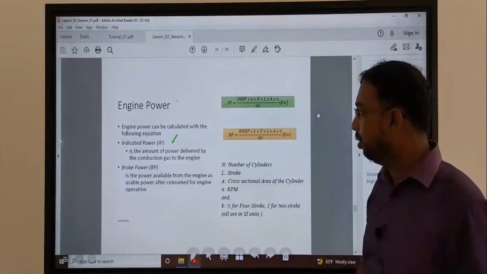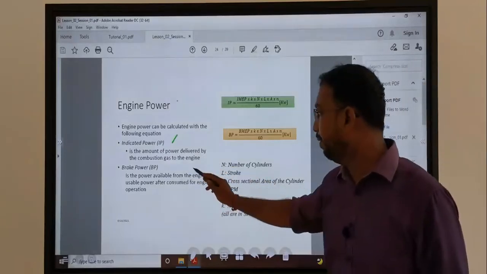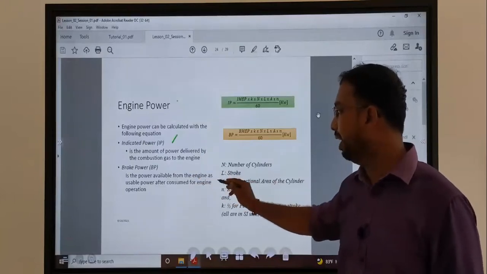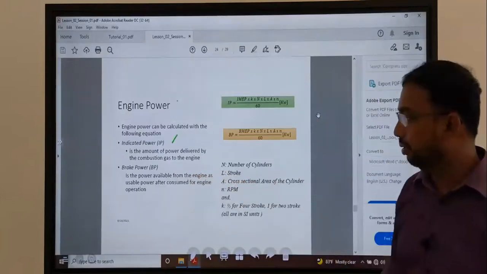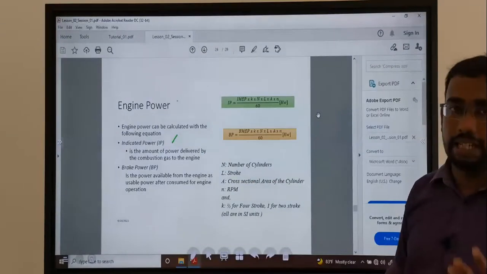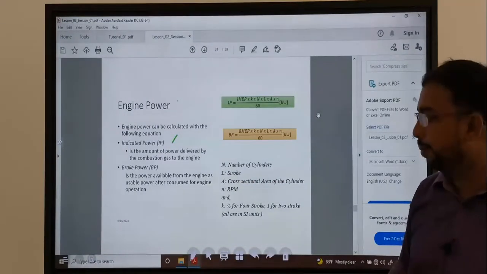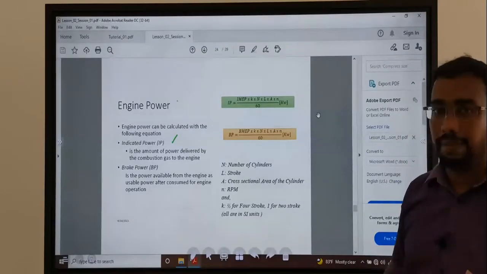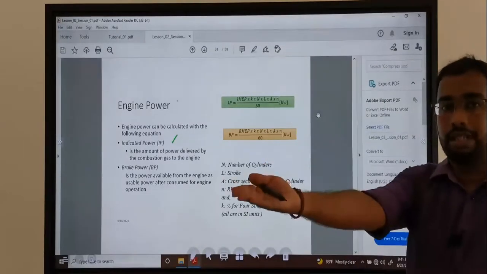The engine consumes some amount of power for its operation. Then the remaining power the engine delivers.